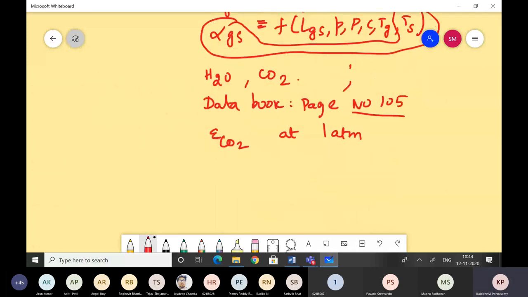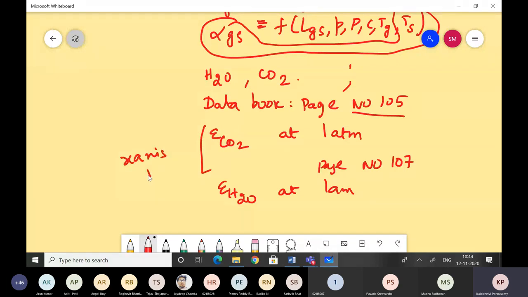And if you see page number 107, emissivity of H2O at 1 atmosphere. So for both, your x-axis is temperature in Kelvin, right? What do the different lines correspond to?